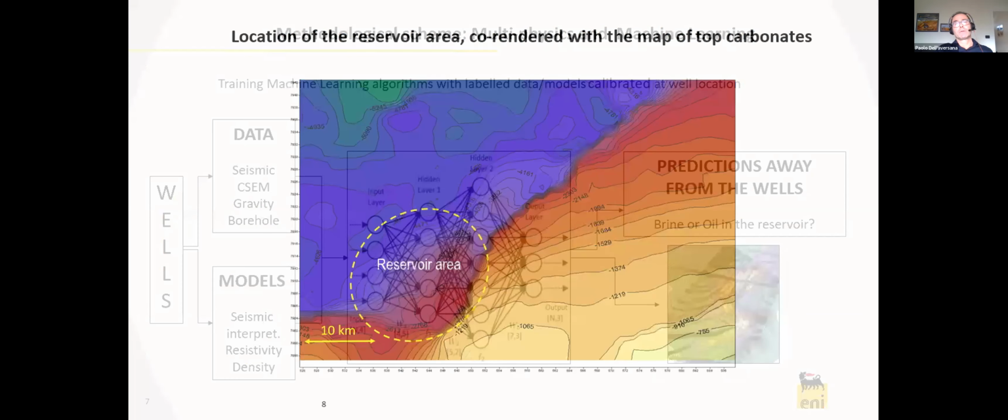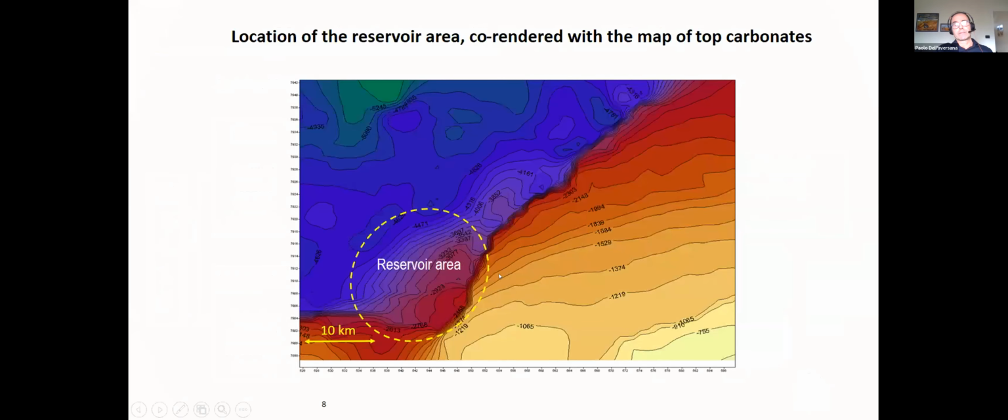Just a few words about the location of the reservoir area. In colors here, we have a Permian carbonate platform running below the reservoir area. It is a depth map of the carbonate platform that was retrieved from pre-stack migration of seismic data.